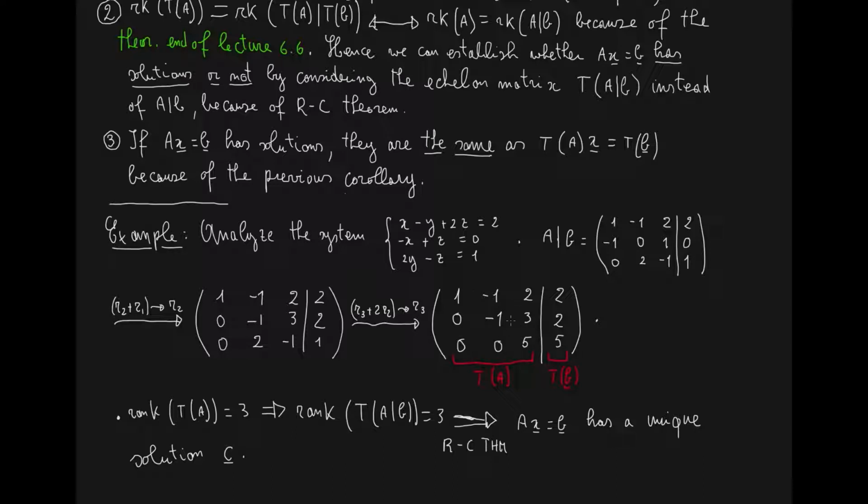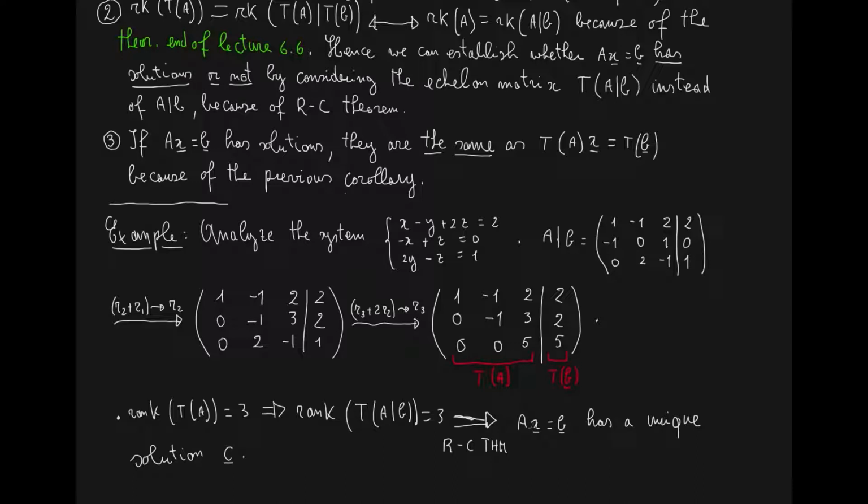So the rank of this matrix is obviously 3, but the rank of the complete matrix, the one with T of B as last column, cannot be greater than 3. Therefore, the rank of the matrix T of A is going to be the same as the rank of the complete matrix T of A slash T of B.